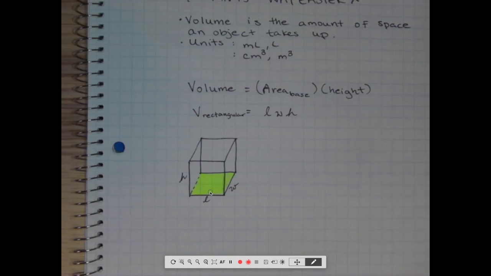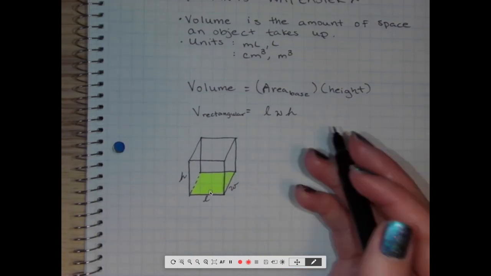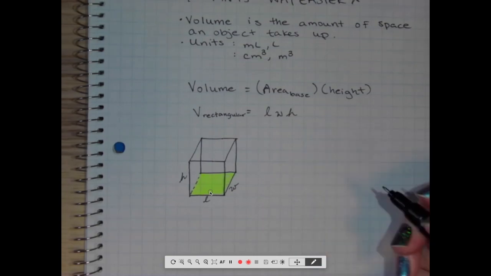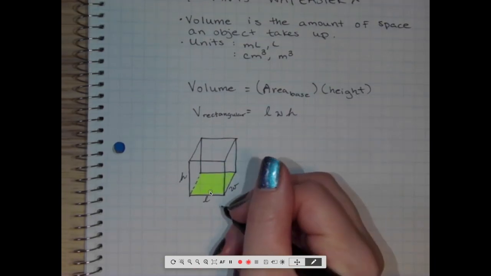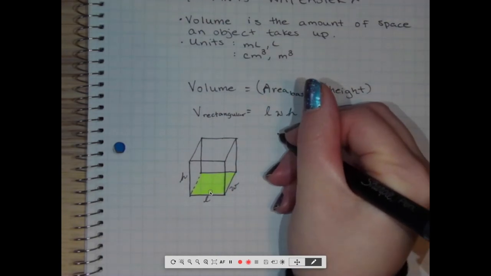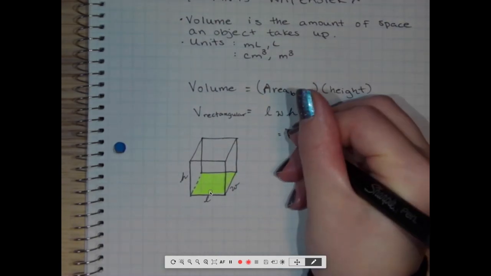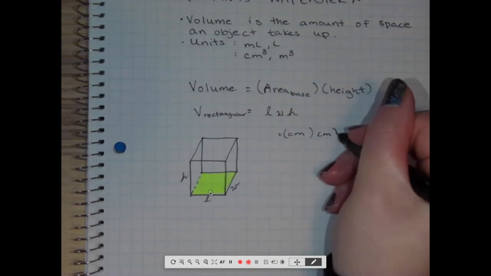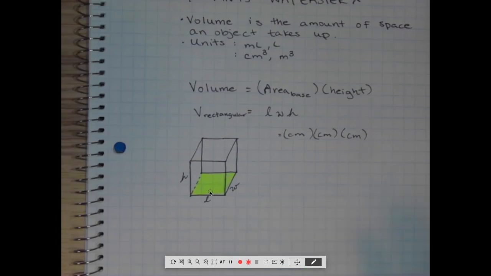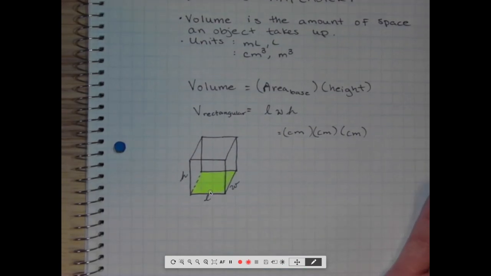So we use this beautiful formula, but each of these three have a unit. If I said these were each centimeters, I'd end up having centimeters times centimeters times centimeters. That's not easy.